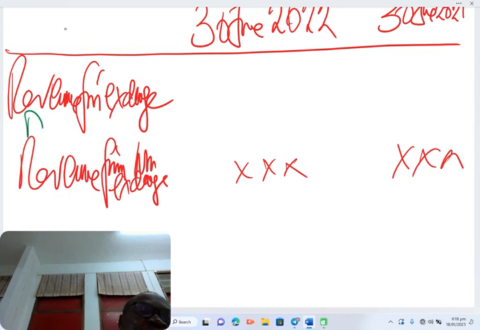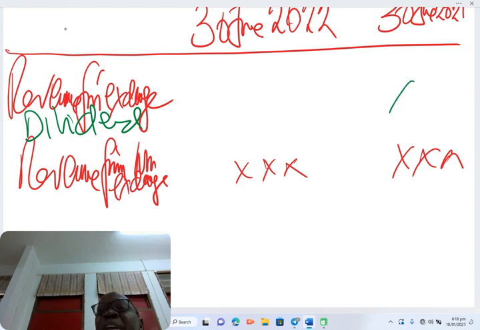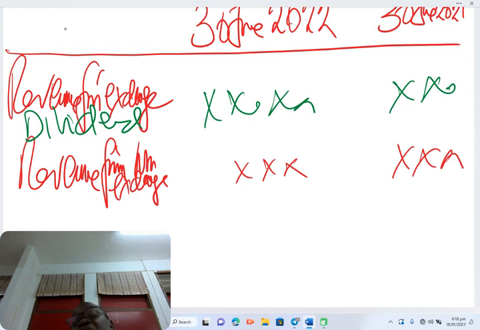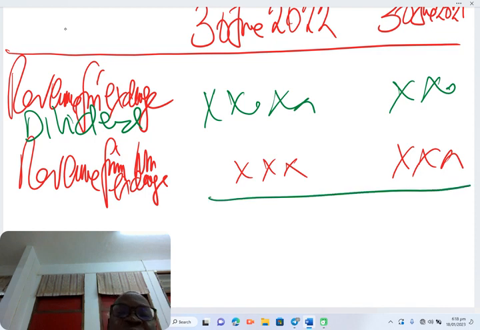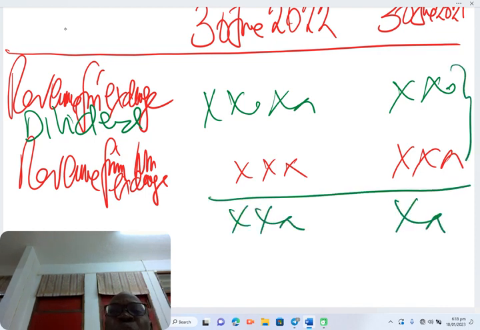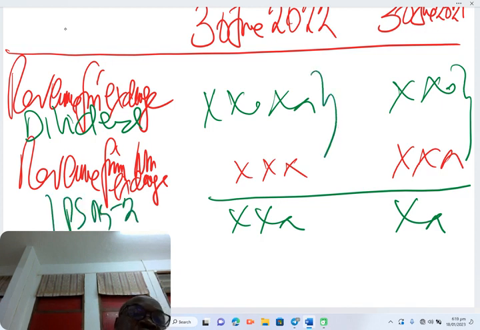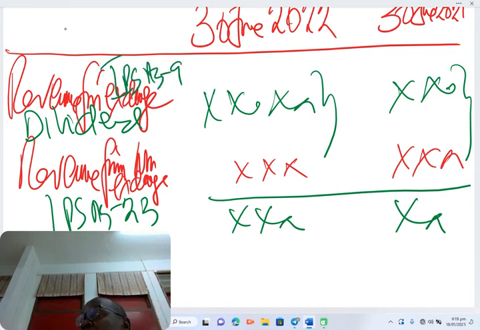So, dividend revenue in this year and also in this year. But for this problem, we have no information on dividend, as I said. So total revenue will be here, meaning you sum the two. This is IPSAS 23, and this is IPSAS 9. Am I clear?